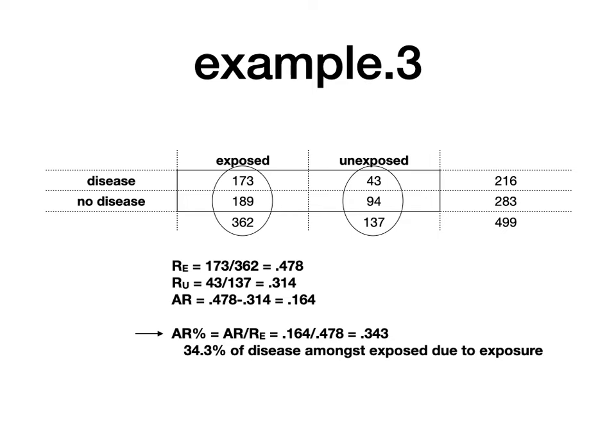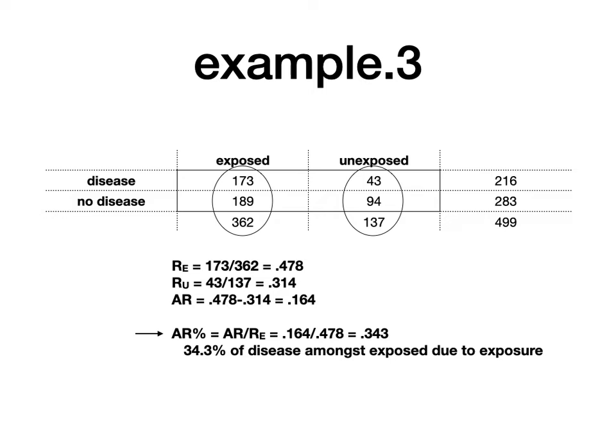So let's just remember that this is for the single exposure, single disease case, and that there are complications when you move to multiple causes and the like. All of which, by the way, has an extensive literature. We're not going to go that way today. We're just going to say here that 34.3% of the disease amongst the exposed was due to the exposure.